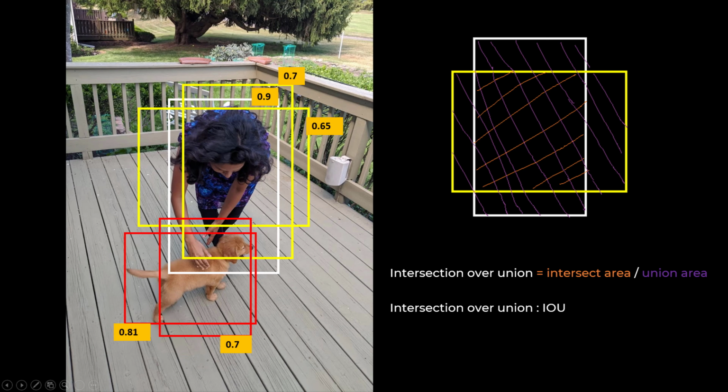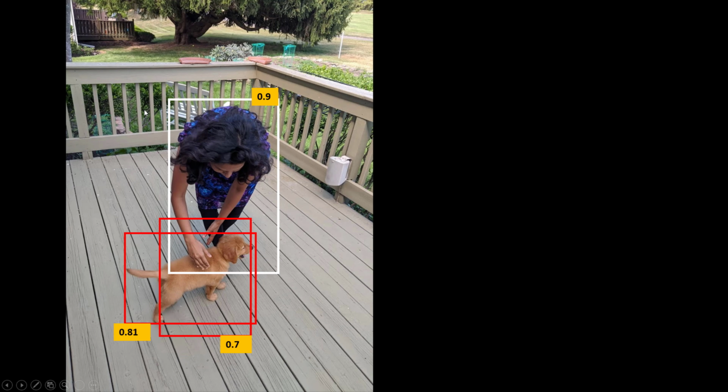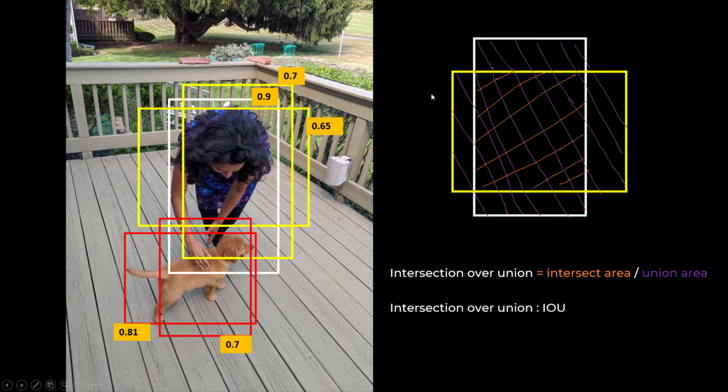So here in this case, this is that yellow box, and this is the white box. The area indicated in this orange color is intersection area. Area indicated in purple color is union area. So you find division of these two, and if the objects are overlapping, this value will be more.